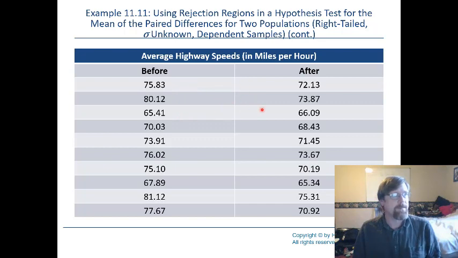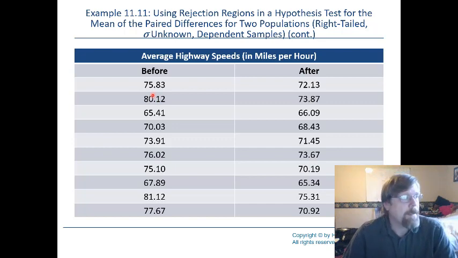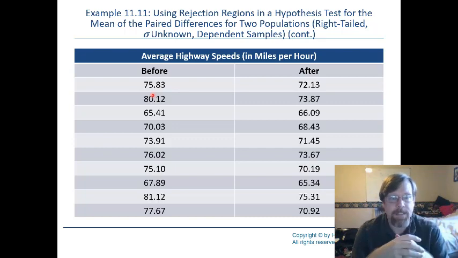So decrease, decrease, increase, decrease, decrease, decrease, decrease, decrease, decrease, decrease. Wow. You had a couple of people who drove pretty fast all the time. So the question is whether this decrease is, on average, less than 5 miles an hour.